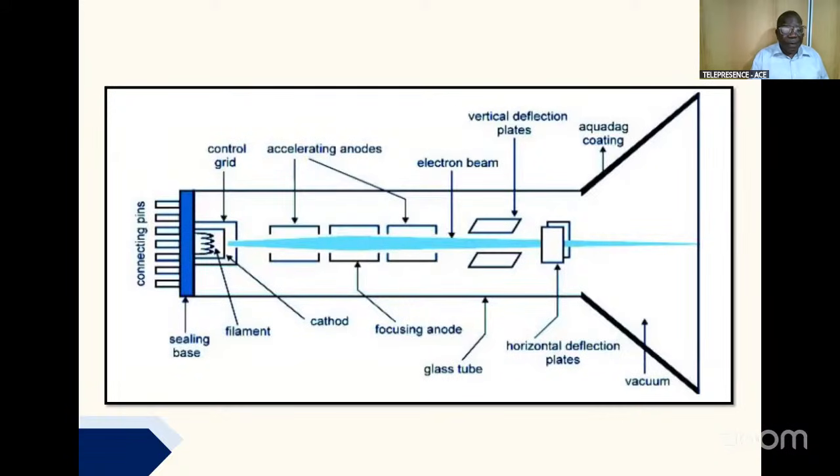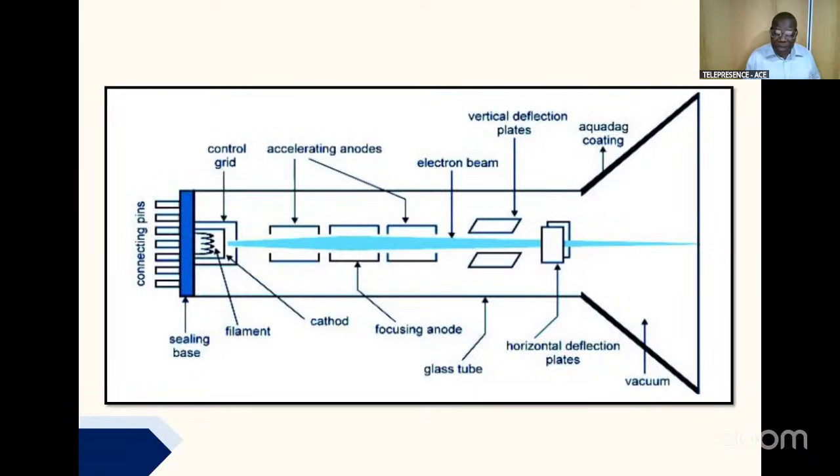Now we have the example or the diagram of a cathode ray monitor. We have the control grid, the accelerating anodes, the electron beam, and vertical deflection plate, quadrant coating, and so on and so forth. Please, in the exam, we can bring out this diagram and ask you to fill in some essential parts.